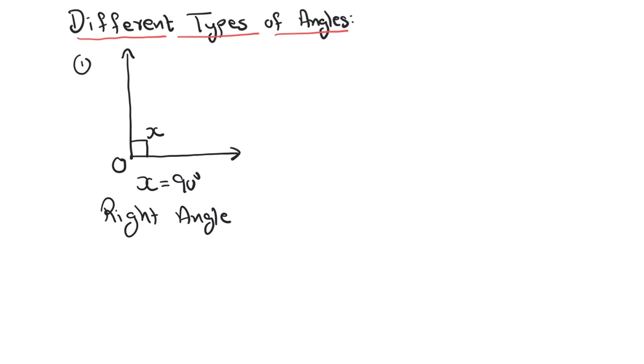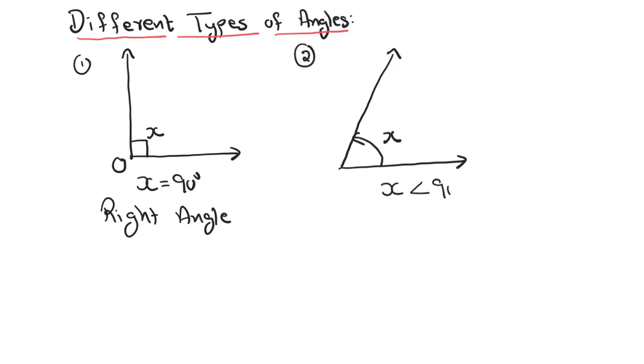Okay, that's one. Another type of angle: if the angle is less than 90 degrees, it is called an acute angle. So if the angle x is less than 90 degrees, obviously it will be greater than 0.